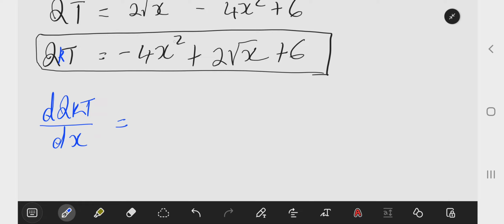So nasi derive la izothi negative 8x to the power 1, because izothi 2 times negative 4 kuphuma negative 8, bese minus 1 lapho, 2 minus 1 kusala lo 1, right? And then plus ukhumbule ukuthi le singayishintsha siyibhale as x to the power 1 over 2.